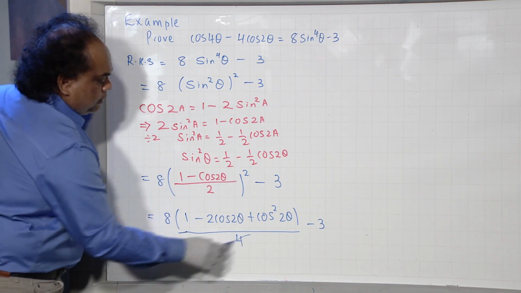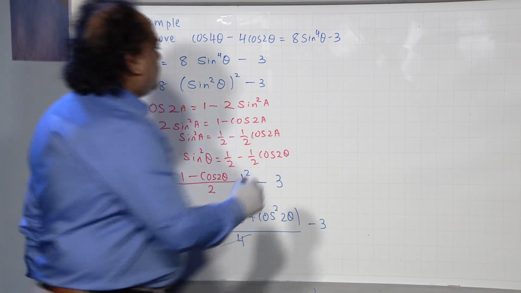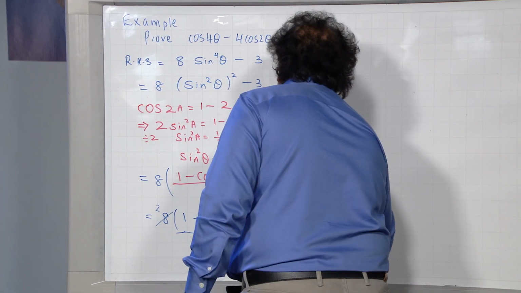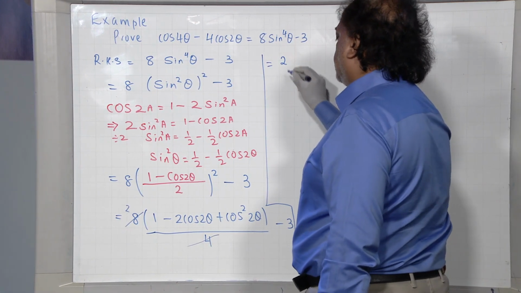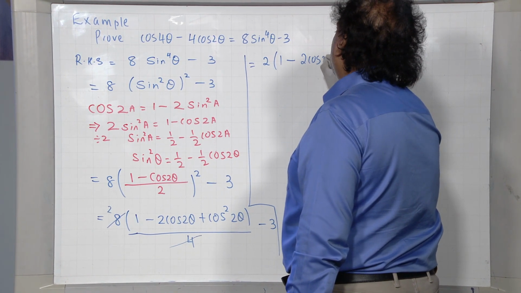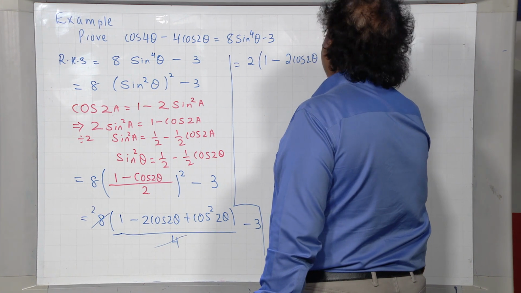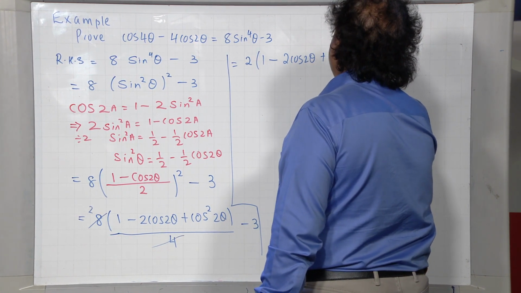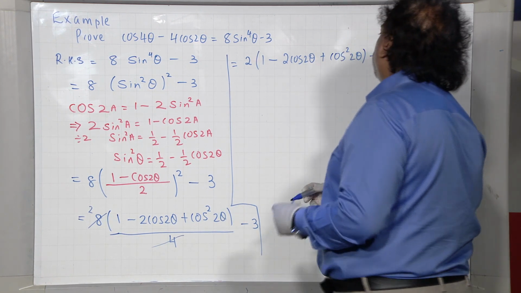We can simplify that, this becomes 2. So this is equal to 2 times (1 minus 2 cos 2 theta plus cos squared 2 theta) minus 3.